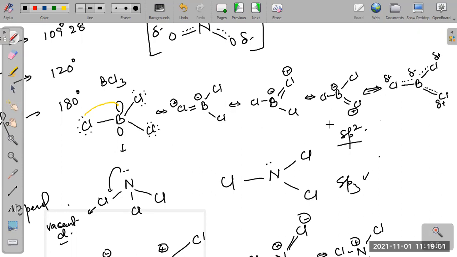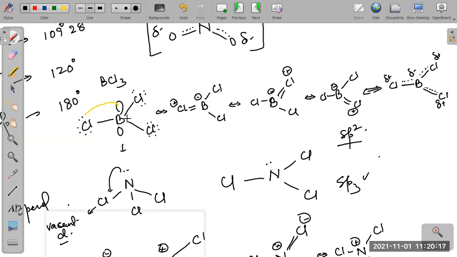The reason why we call it back bonding is that generally we have transfer of electrons taking place from a low electronegative atom to a high electronegative atom. But in these cases, high electronegative atoms have one or more lone pairs of electrons which are getting donated towards a vacant orbital.